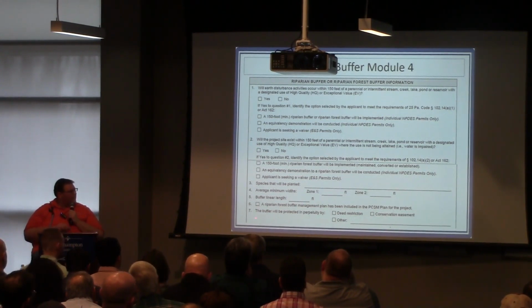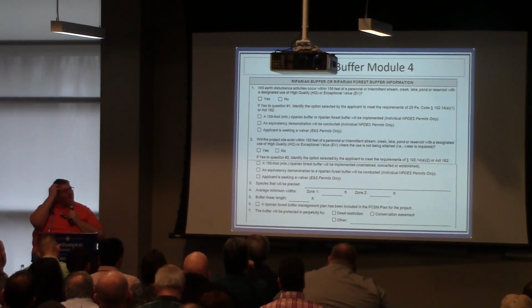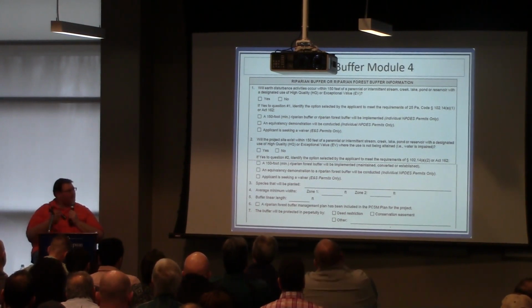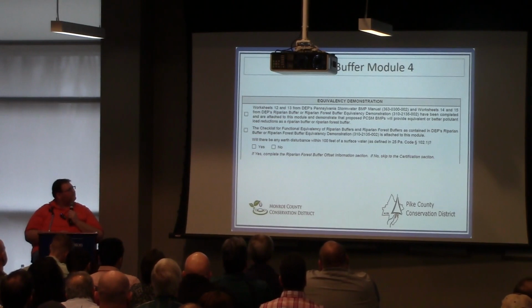And then how will that buffer that's being planned be protected? Deed restriction, conservation easement, or other. Some municipalities have done ordinances. There are a number of ways to provide protection. So the equivalency demonstration.